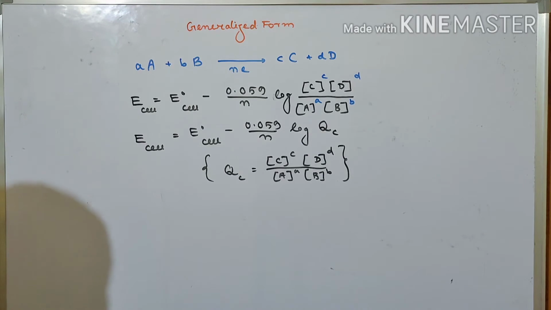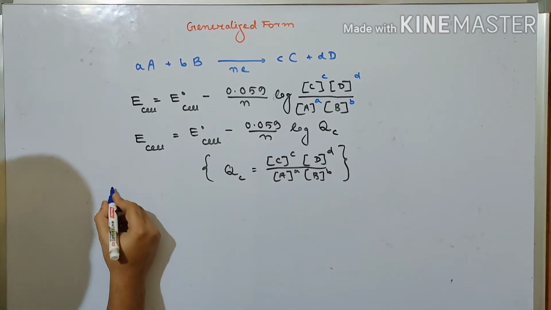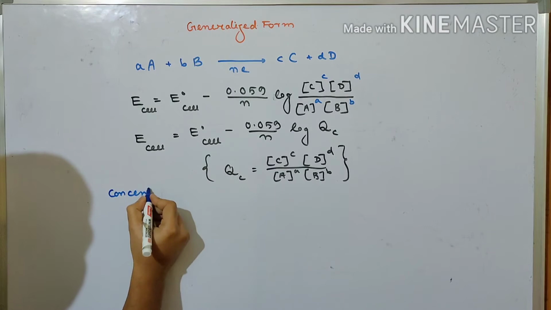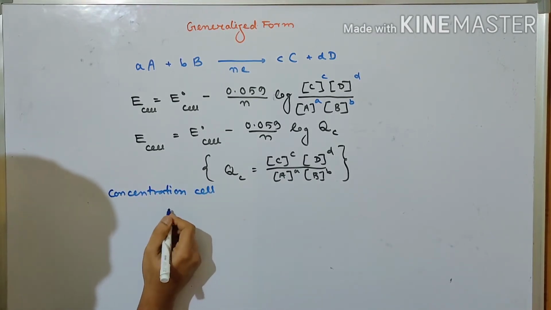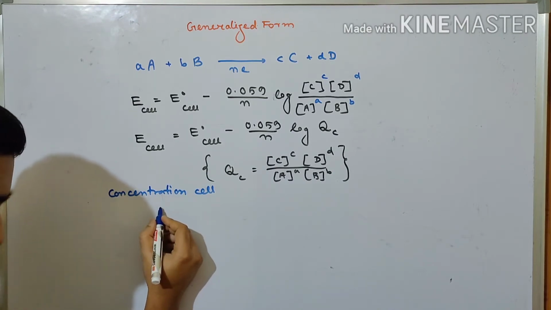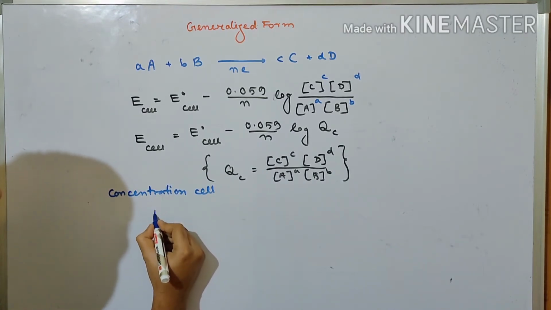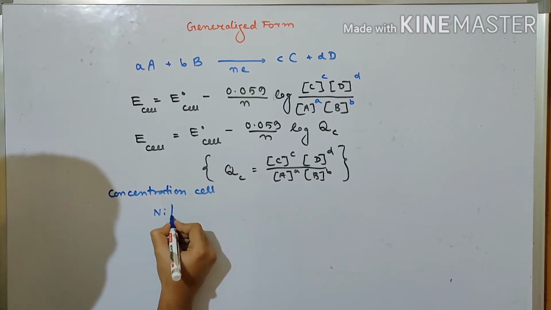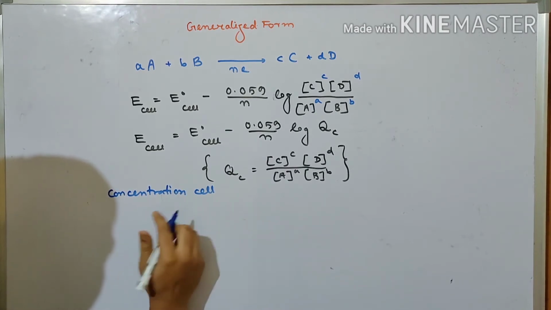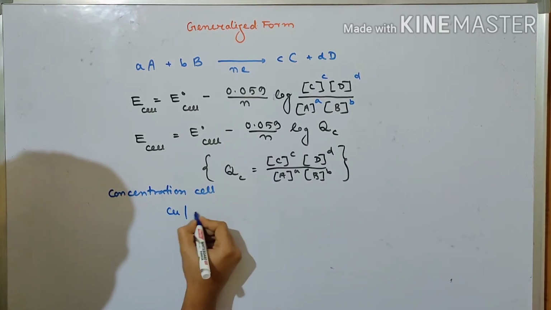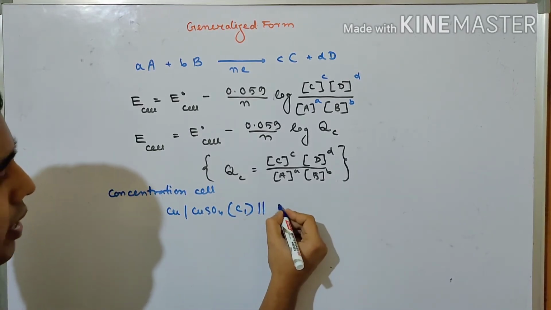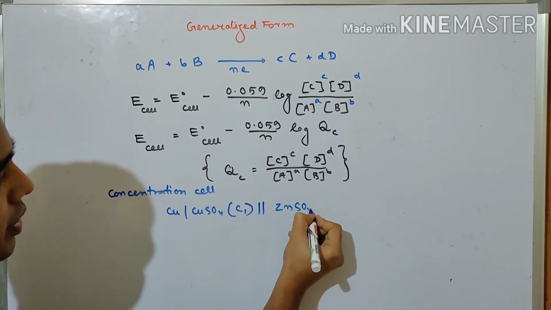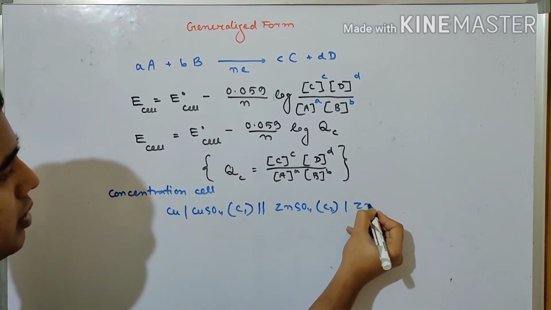So here we can see in terms of concentration cells, say for an example, if it is given, say nickel, or say suppose copper sulfate, the concentration is C1, and then there is zinc sulfate, the concentration is C2, and then zinc.